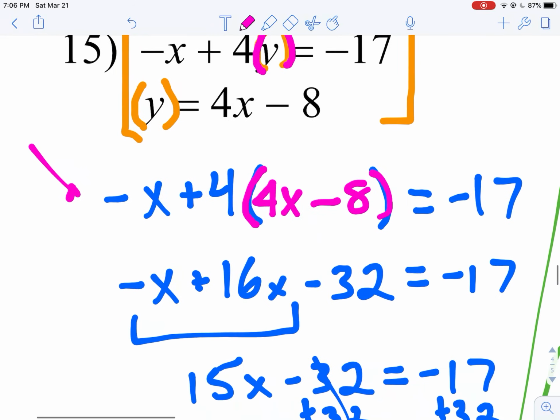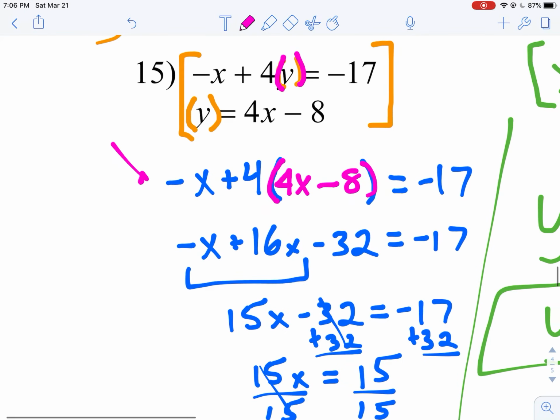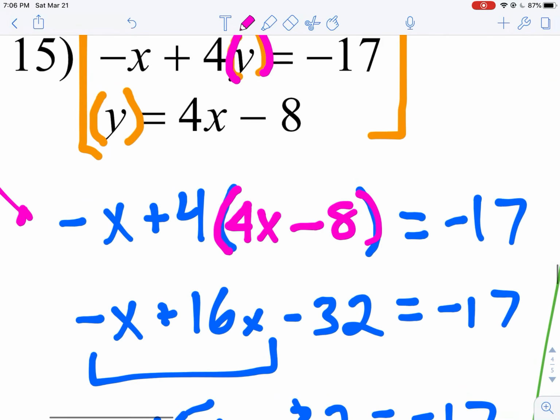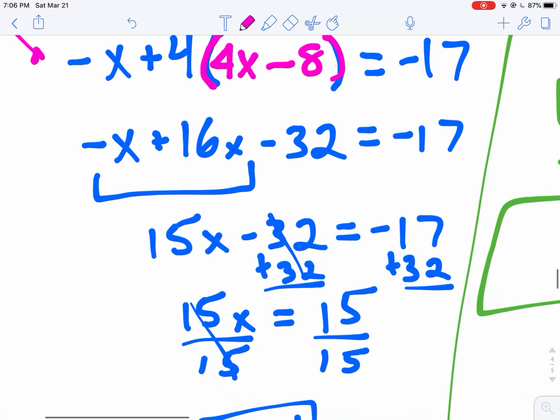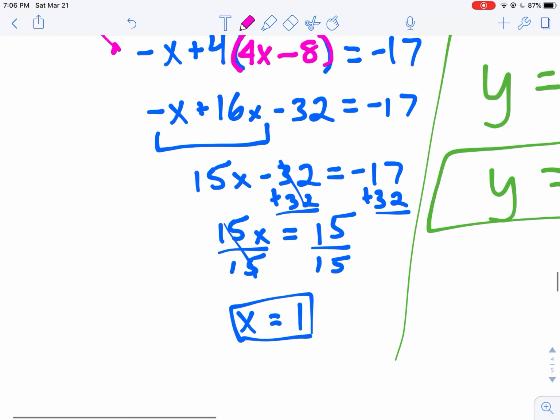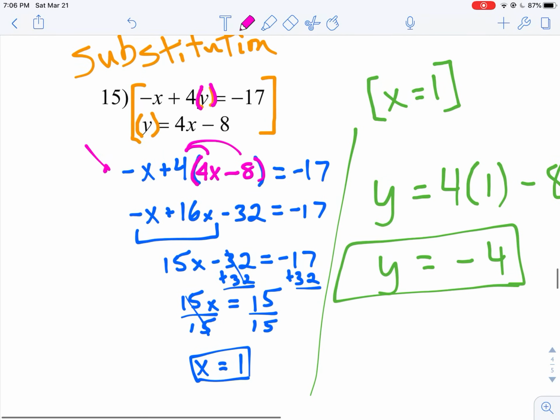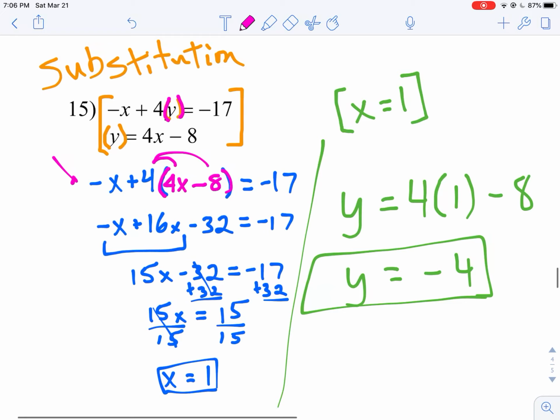Then from here, since I'm going to do a bunch of these in the problems, I'm not going to do the rest, but we would distribute first, and then combine like terms. I eventually came down and solved for x. After I solved for x, I took one of my initial equations, up here. I chose one. It doesn't matter which one you choose.